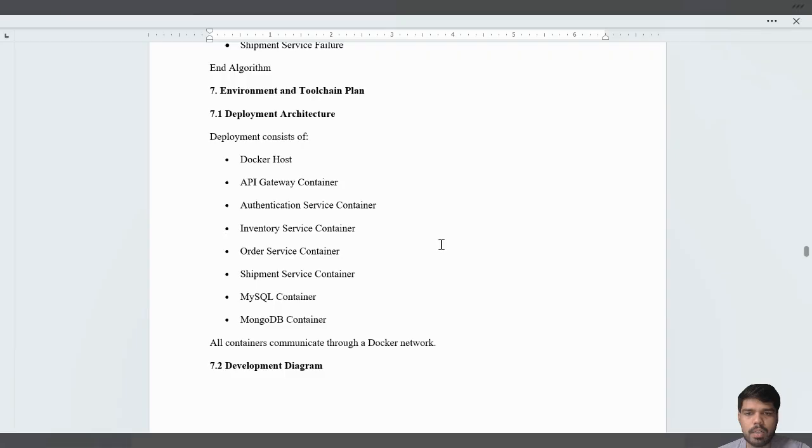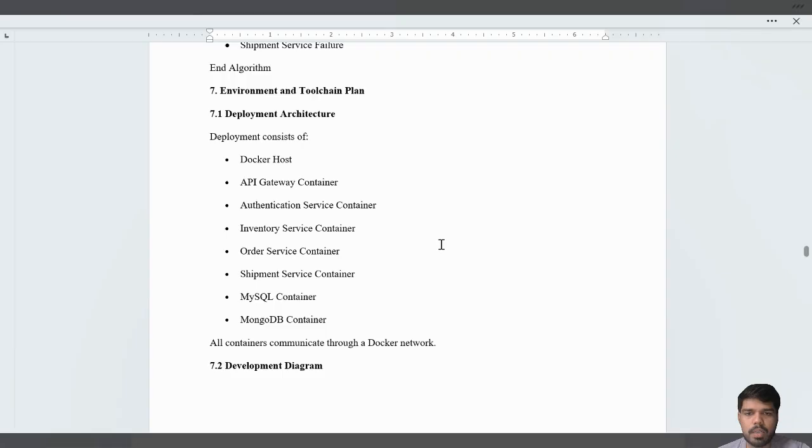Java JDK 21 is used as the primary programming language because it provides modern language features and long-term application capability. Then Spring Boot serves as the main framework for building the microservices and REST APIs. It simplifies application configuration and development.